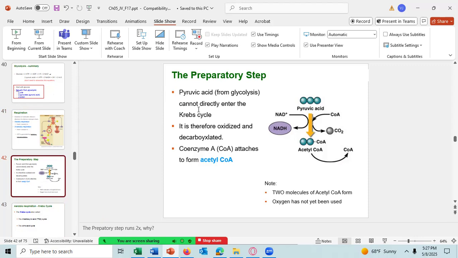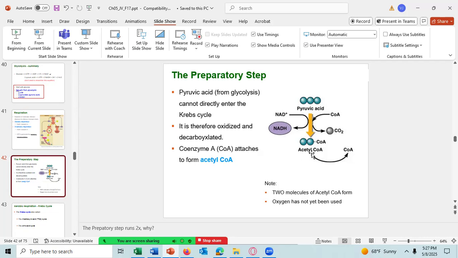But it's one step, changing the pyruvic acid to acetyl coenzyme A. In the process, NADH is made, and one carbon comes off pyruvic acid to form CO2. So that'll be the first carbon of glucose that forms CO2. And then the end result is acetyl coenzyme A.